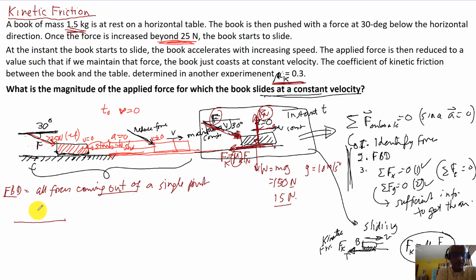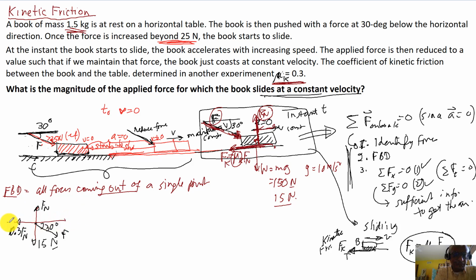So we will have 15 Newton, and we'll have a force which is unknown amount, but this is 30 degrees, and we have a normal force, and we have 0.3 Fn.